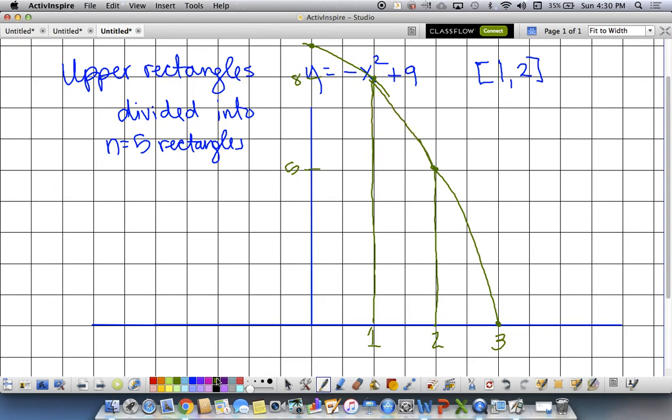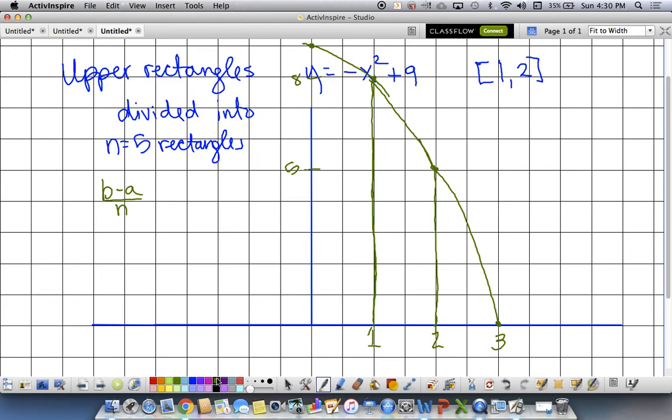We're trying to find the area under the curve between 1 and 2. The first thing we're going to do is figure out, well, this interval, I need to divide it into 5 sections, right? They have a little formula. If you do b minus a over n, that will tell you the length of each sub-interval.